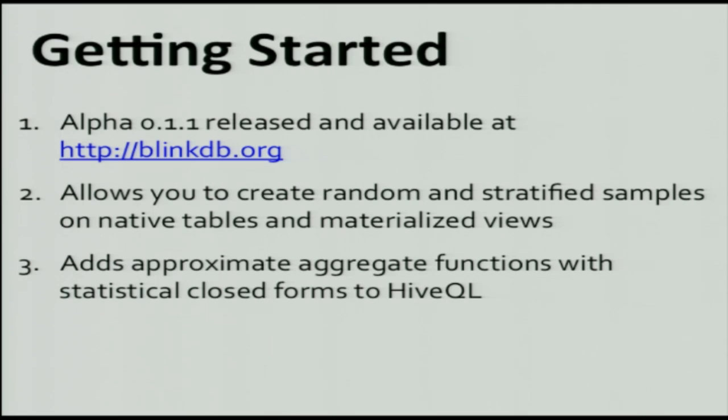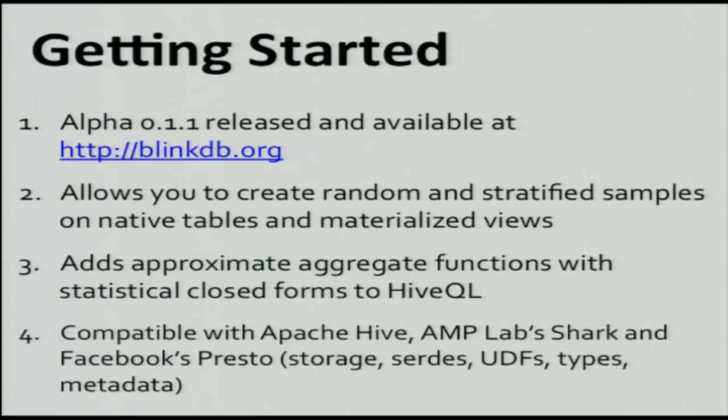There will soon be a release that supports arbitrary UDFs and other functions as well. And finally, we are completely compatible with Apache Hive, AmpLab Shark, or Facebook's Presto. So in case you're already using some of these query processing frameworks, you can just run BlinkDB on top of it and look at how these query trade-offs behave.